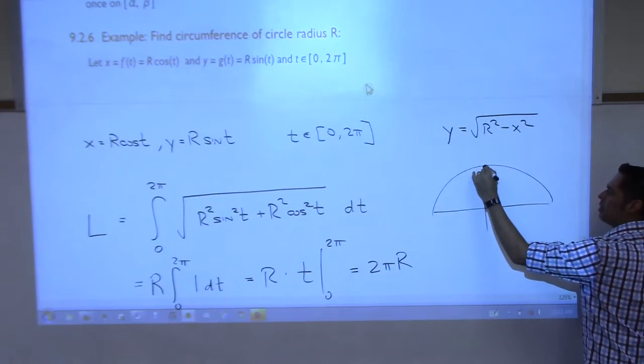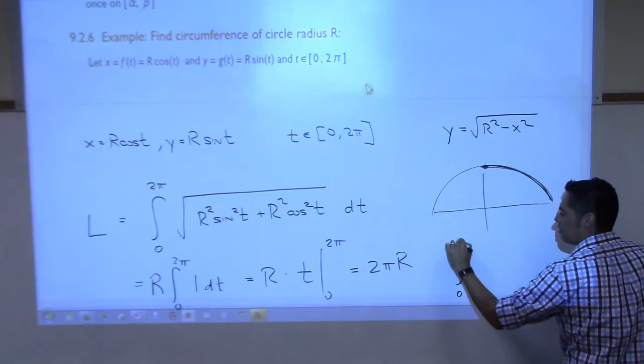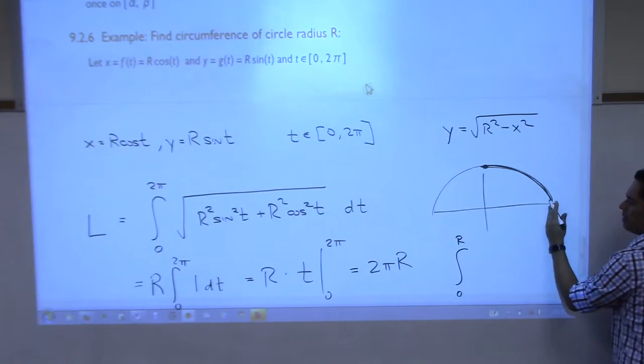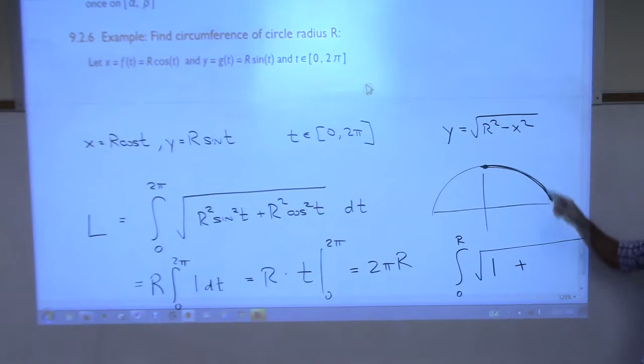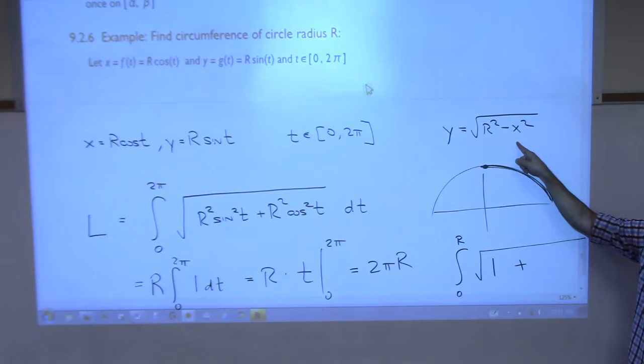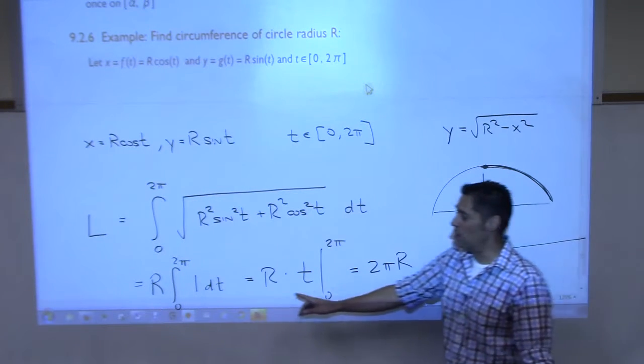You probably want to just take the first quarter, and you would want to integrate something like 0 to capital R from here. And then you would have to do square root of 1 plus this derivative squared, right? This derivative squared in here, and then dx. And it would be probably a disaster, or it would be a mess. I can assure you that. It sure as heck wouldn't turn into 1.